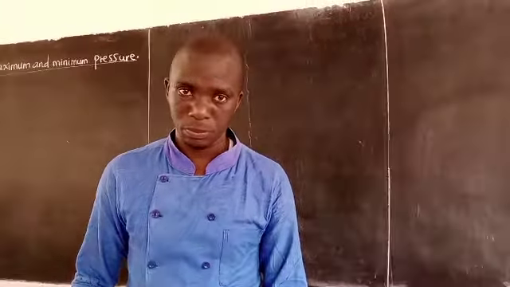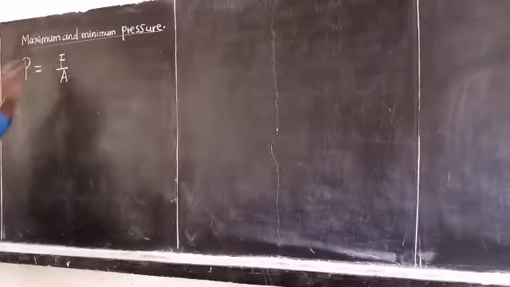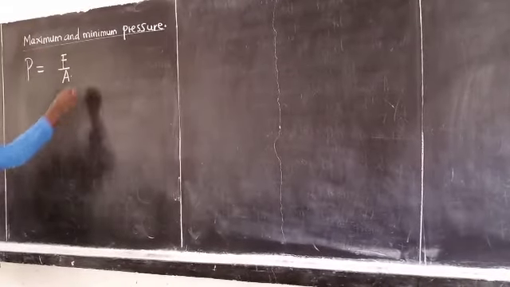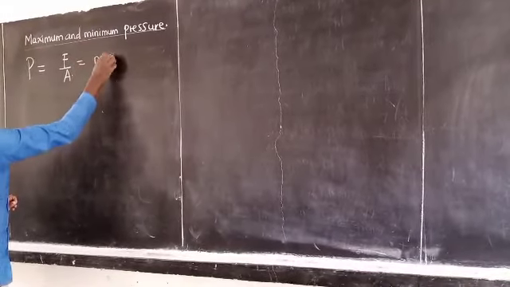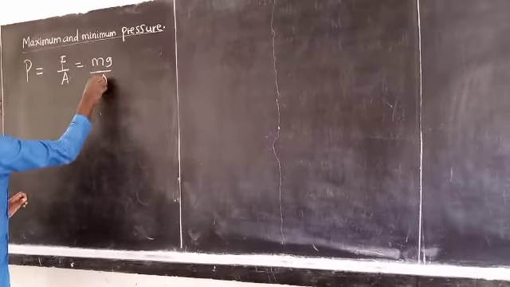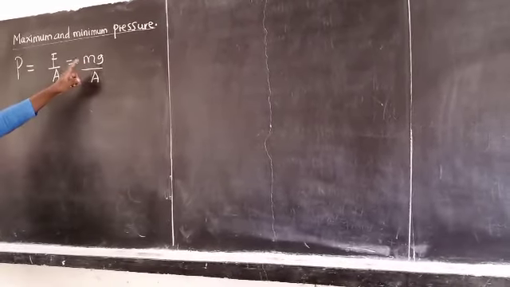Now, in this second lesson, we have said that pressure equals force over area. And of course, force comes from mass, which is mg, meaning pressure can be mass times g over area.